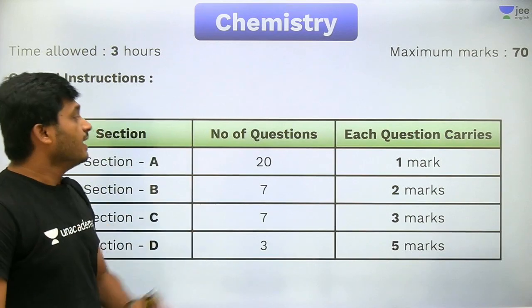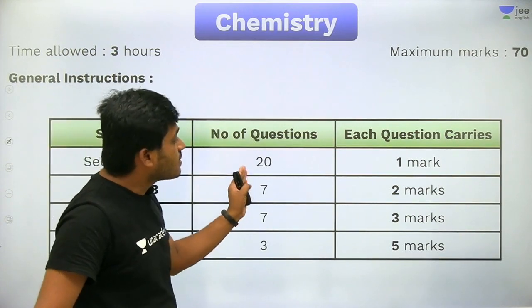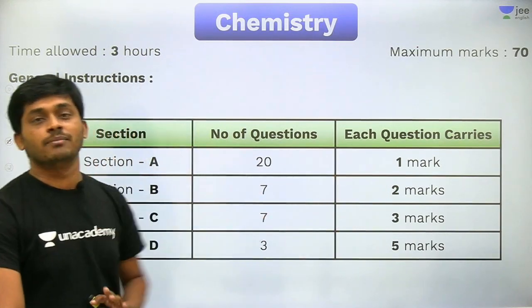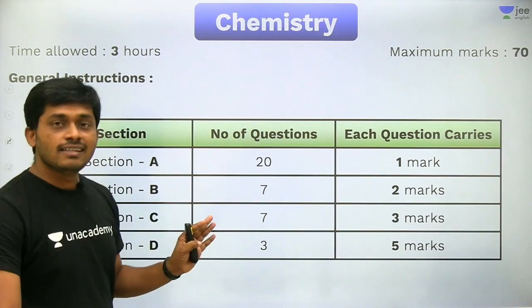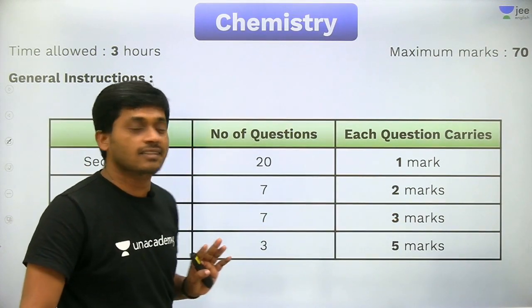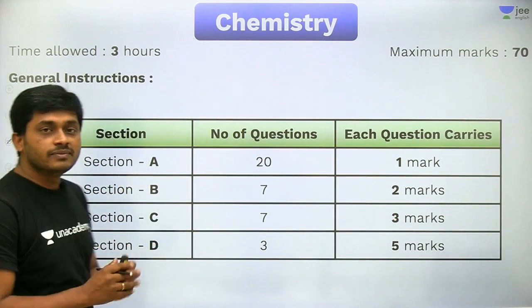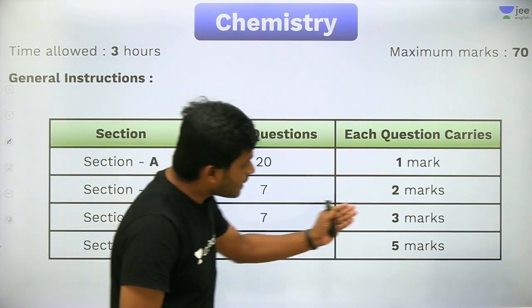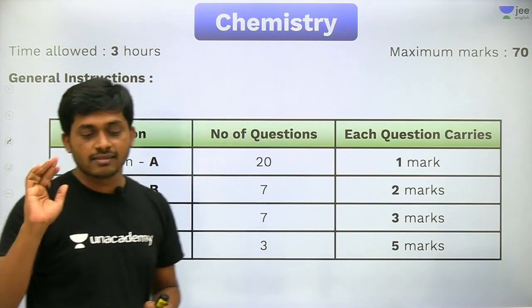And section B, theory questions, 7 questions, all are 2 marks questions. Section C, 7 questions, each question carries 3 marks. Section D, 3 questions, and there is choice also, and each question carries 5 marks.